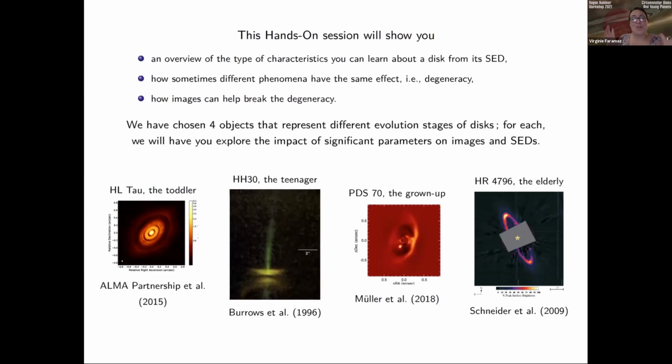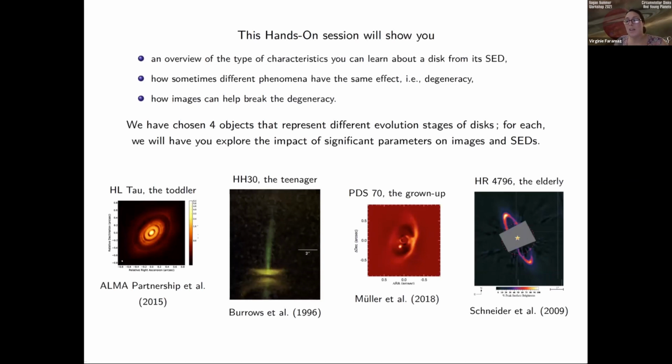I think it's much more general to any kind of field in physics: the concept of degeneracy. You have a piece of information, but you cannot really know what it is telling you, because different things can give you the same piece of information. And so sometimes you need a complementary piece of information, something obtained with another tool, that can help you break this degeneracy. And this is what we want you to have a feel for during this hands-on session.